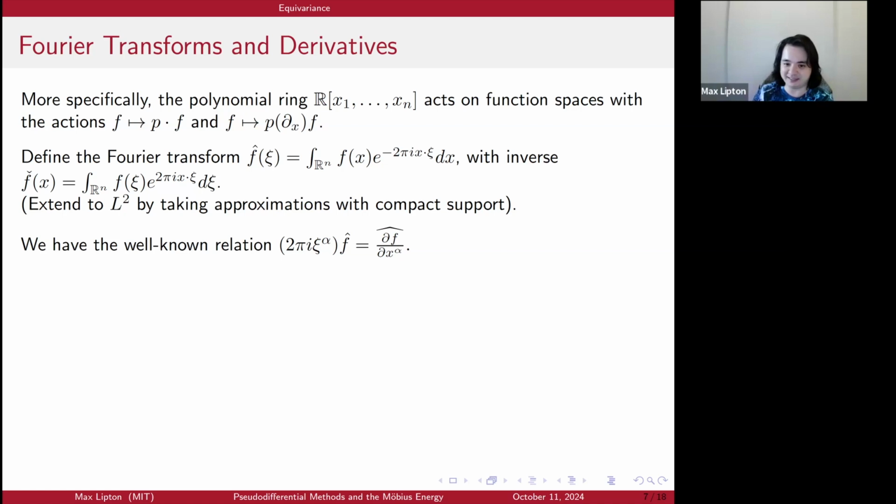So in other words, this relates the action of multiplying by a monomial and taking a derivative. So this is the equivariance relation I was looking at earlier. And of course, the 2πi factor is mostly a conventional choice that I'm using. Some authors choose to divide the definition of the Fourier transform by 1 over 2π or 1 over 2πi or something. Ultimately, the important thing is that you just remain consistent.